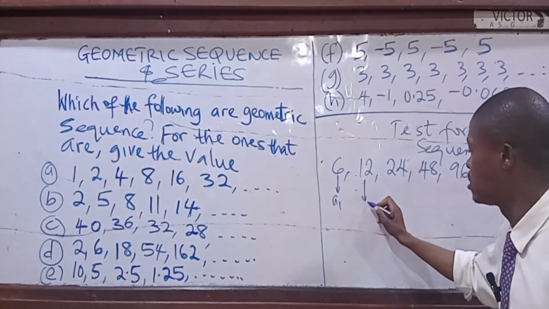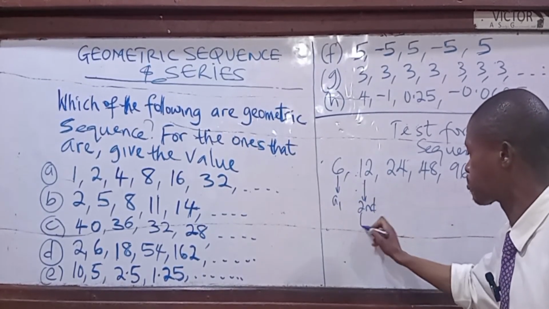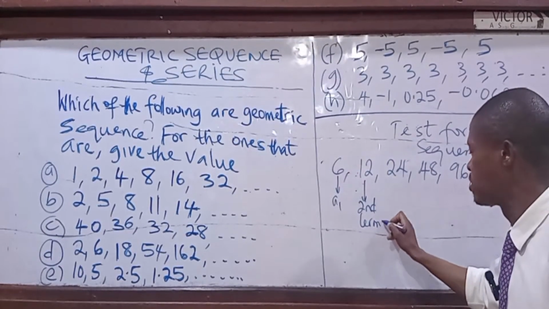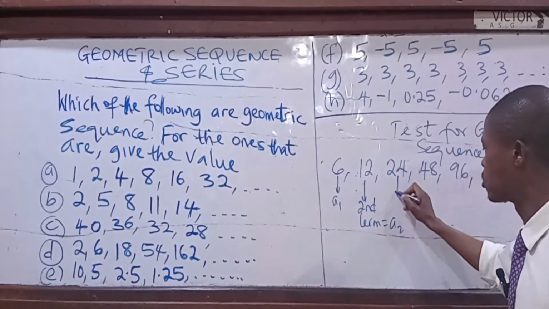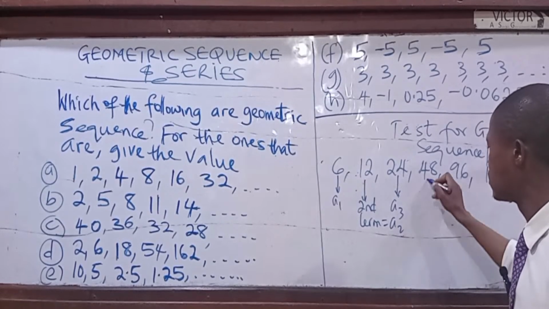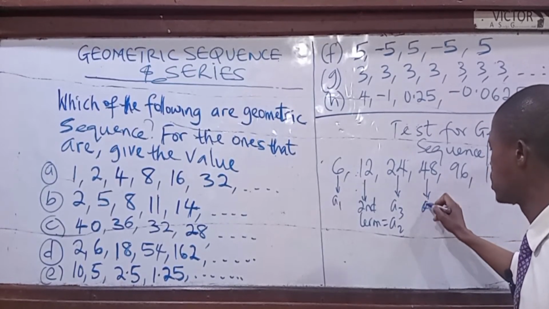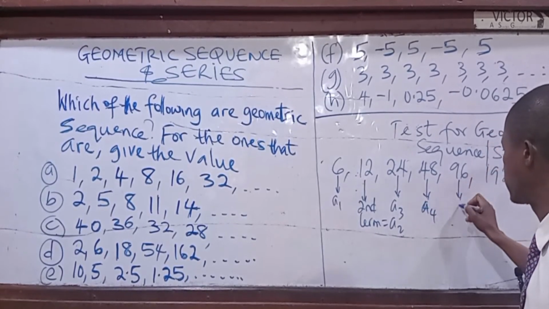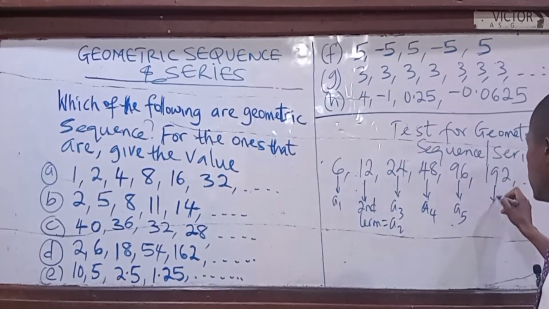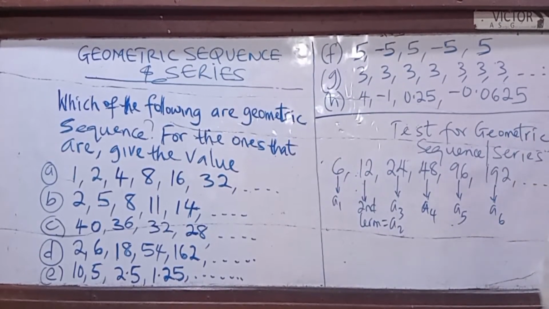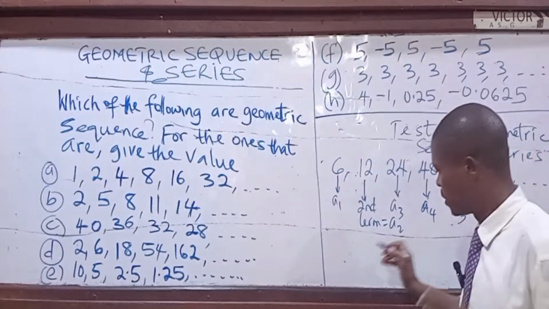This is the second term, A2. This is the third one, A3. This is the fourth one, A4. This is the fifth one, A5. This is the sixth one, A6. That's the sixth term.